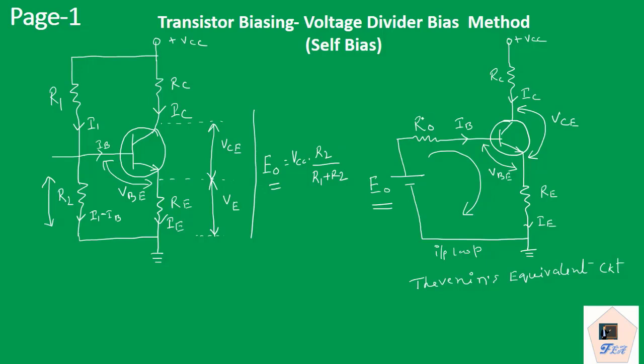Similarly, R naught is the equivalent of R1 and R2. Since we are reducing this network to a single resistor, R naught is R1 parallel R2, so we can write it as R1 into R2 divided by R1 plus R2. With this condition, we'll further analyze this Thevenin equivalent circuit of the potential divider bias.